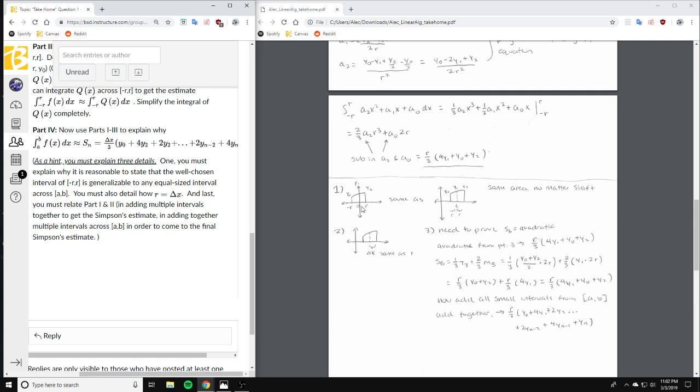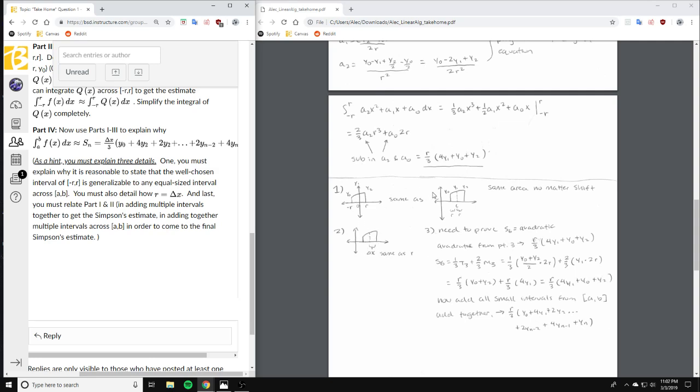The second thing they're asking us to do is to detail how r equals delta x. And this is really important because in order to show that this equation is similar to this, one of the things we have to prove is r equals delta x. So back to our hypothetical image right here, if we were to find, let's just say, the Riemann sum of this little area right here, delta x would be this.